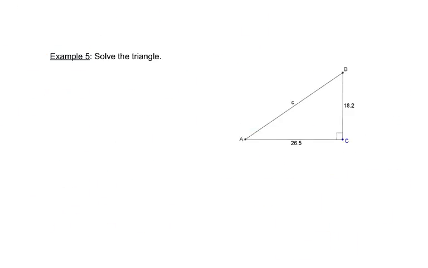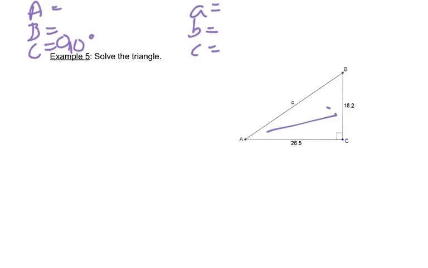So let's do another one. Again, I have A, B, and C, then little a, little b, and little c. Here I know that my angle C is 90 degrees. And I know that side A would be across, so this is A, is 18.2, and side B is 26.5.